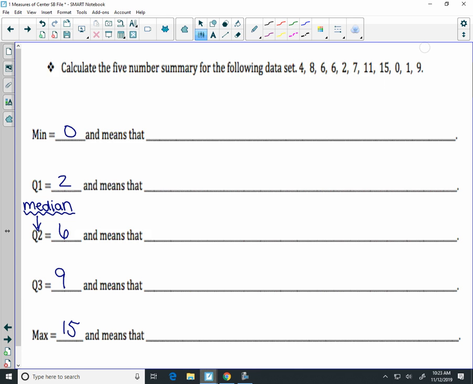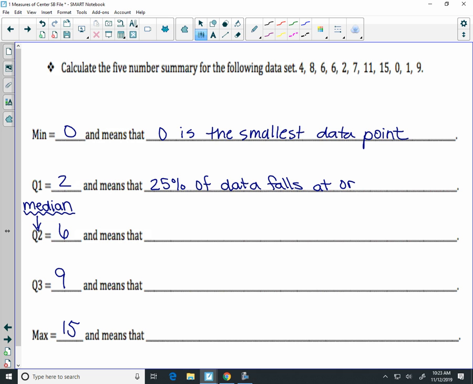All right, let's talk about what these mean. The minimum is 0, and that means 0 is our smallest piece of data. Quartile 1 is 2, and that means 25% of the data falls at or below 2.